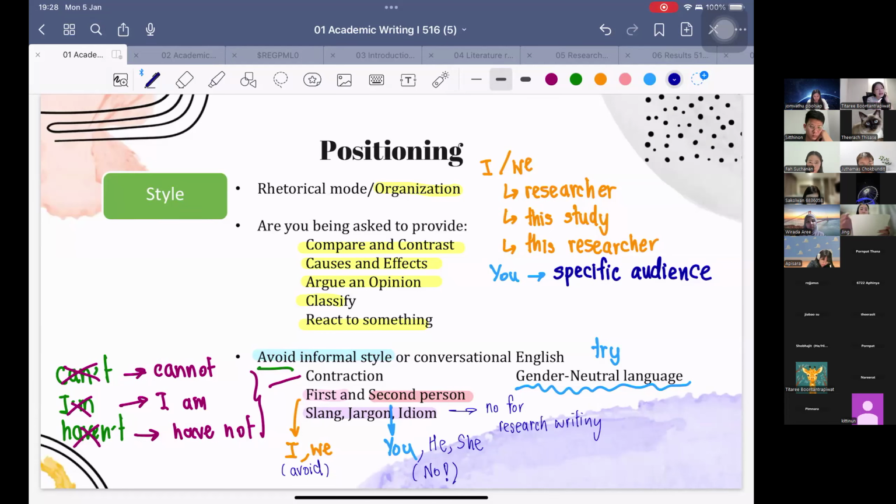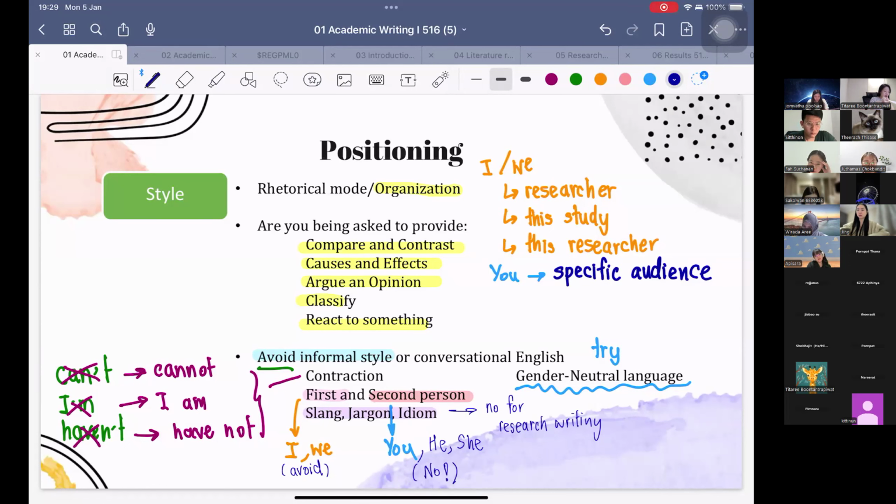Another thing that would help your writing to be more formal is to stick with gender neutral language. Gender neutral language is wording that is not specific to a certain gender.